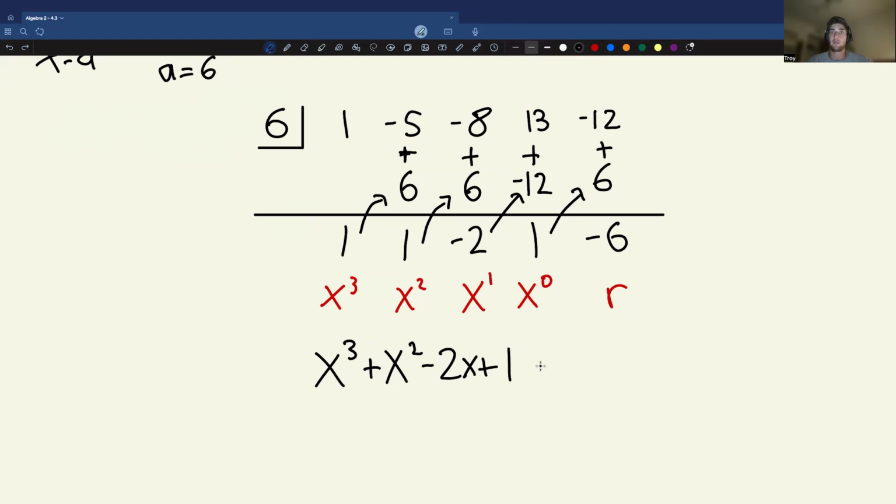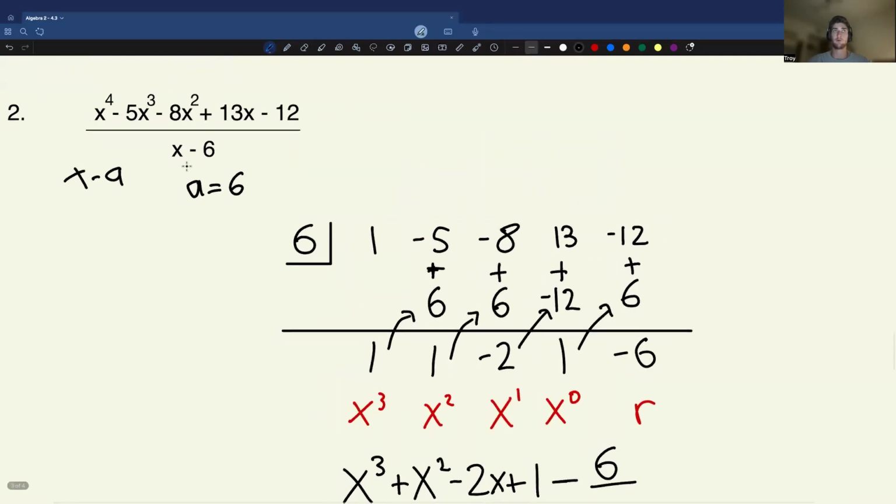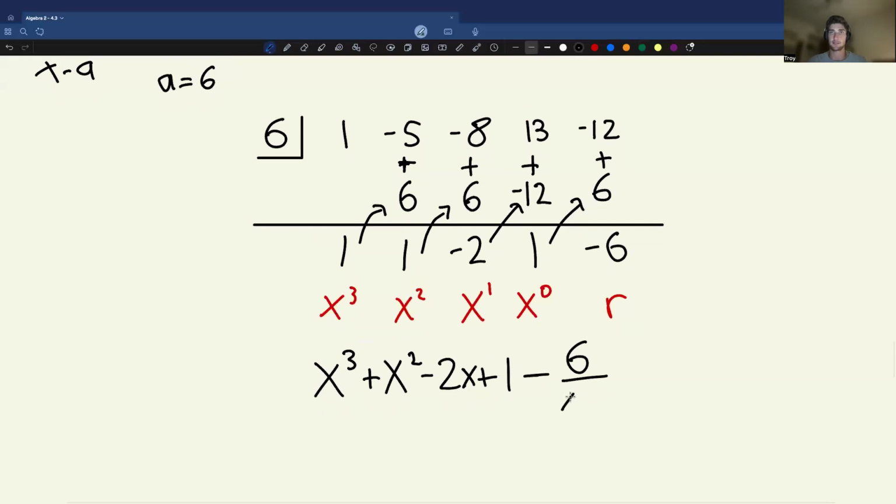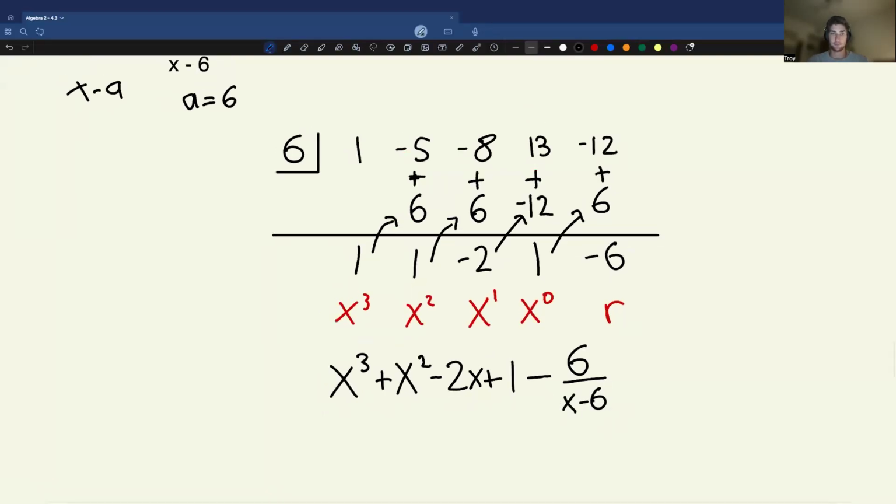And then now we write our remainder. Here's where we can use a minus sign if we want. Our remainder is just simply negative 6. So therefore, minus 6 over, well, what we're dividing by, x minus 6. And there's our answer. Make sure I got that right.